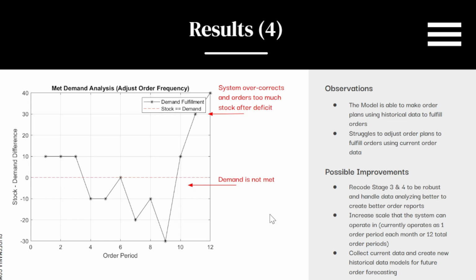Then we could take the current data that we're creating plans for, and once we get a bigger picture of how those plans worked out, what the strengths and weaknesses were, we could take that current data, either a successful or unsuccessful order report, and feed it back into our historical data and say, let's make a new historical model, one that's a little bit more accurate to the most recent data that we got.